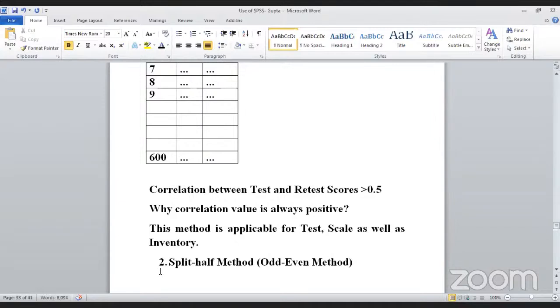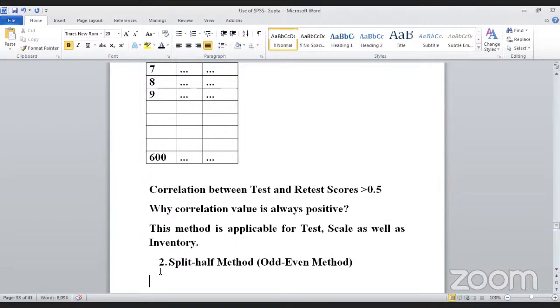Now in the test retest, the same tool was administered twice. So the test retest is time consuming and costly, but it does not require any other assumption. It is perfectly correct, you can use it. But in the split half method, there are a lot of important points that you have to note down.